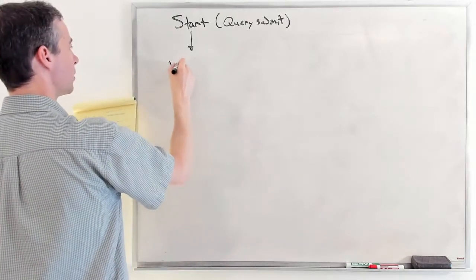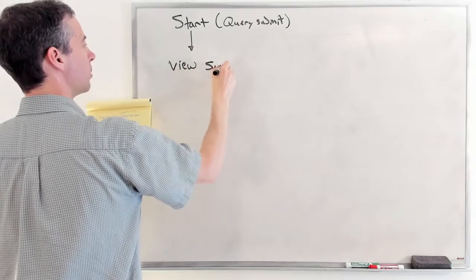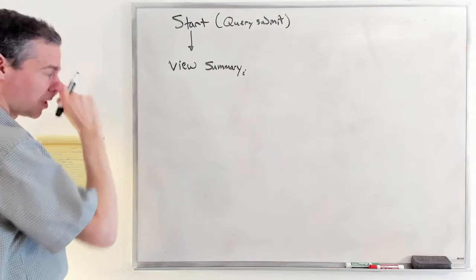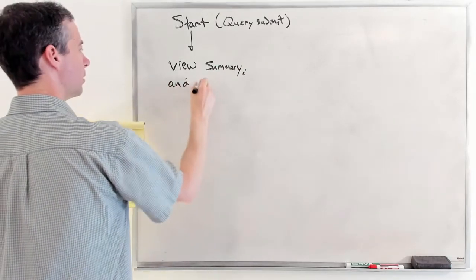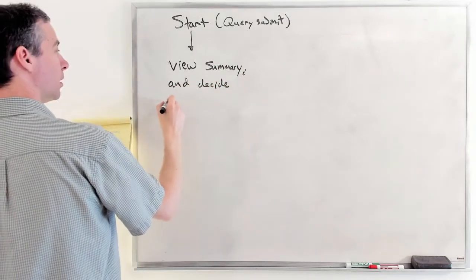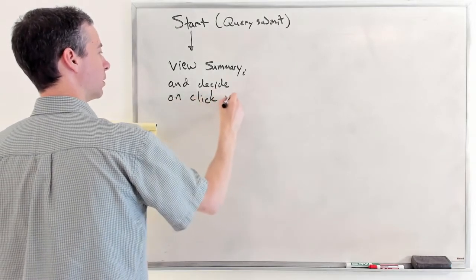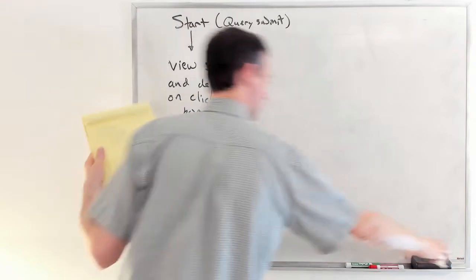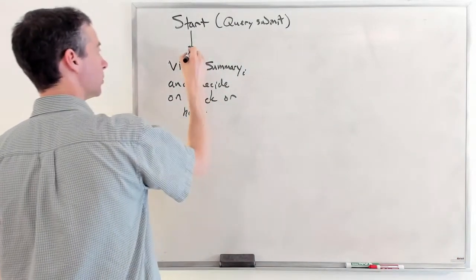And so their first thing to do is they view summary I. The first one would be summary 0. And then they decide, based upon after they've looked at it, on to click or not. Okay. Am I going to click on this summary or am I not going to click on this summary?